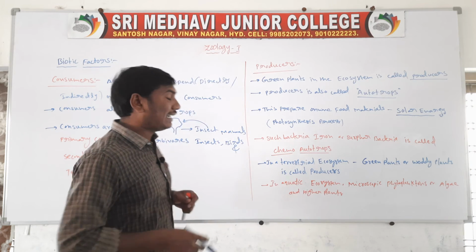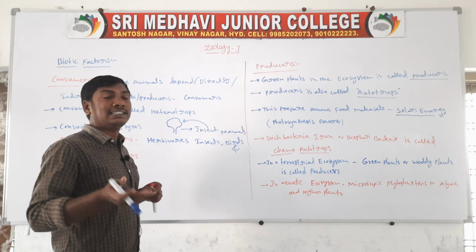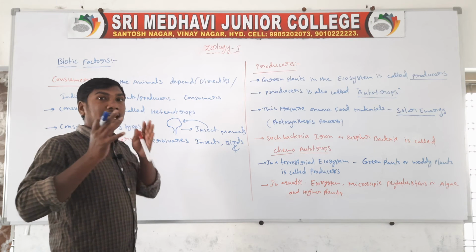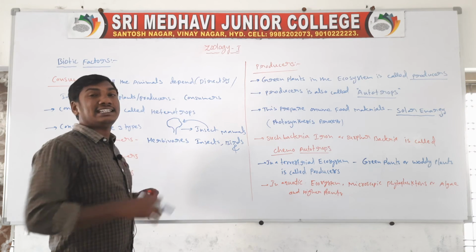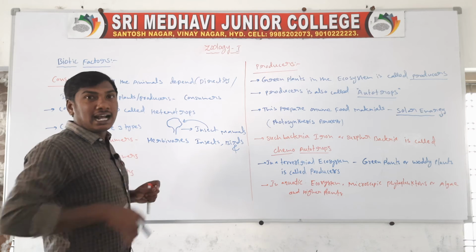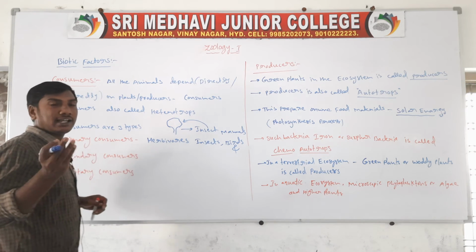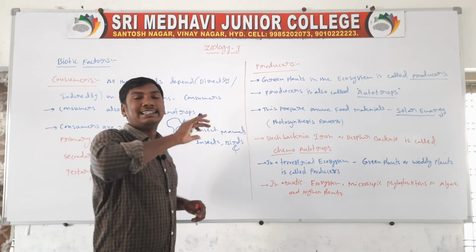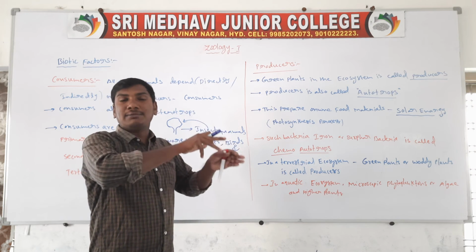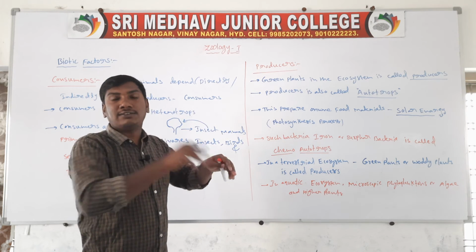Next one, secondary consumers. Secondary consumers means one animal eating another animal. Like the frog eating the insect. The insect is the primary consumer, and the frog is the secondary consumer. For example, here is the insect, and here is the frog.